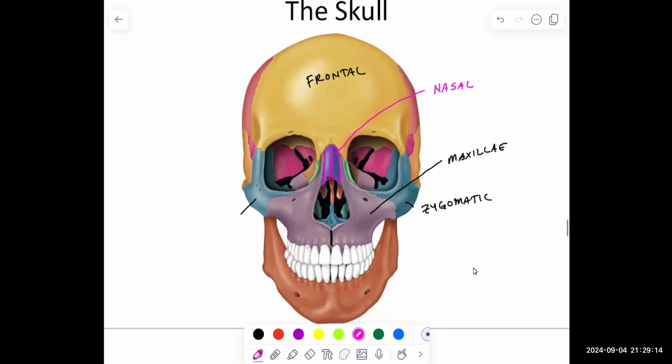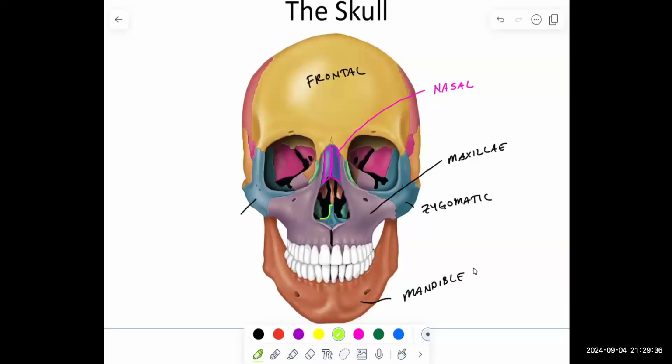What's the lower jaw called? And tell me there's one of those. Mandible. Where it gets really, really messy, if you ask me, is inside your nose, inside that nasal cavity. Here we go.